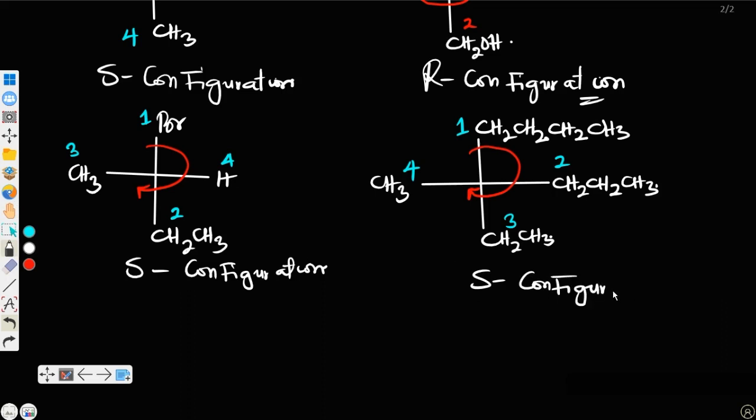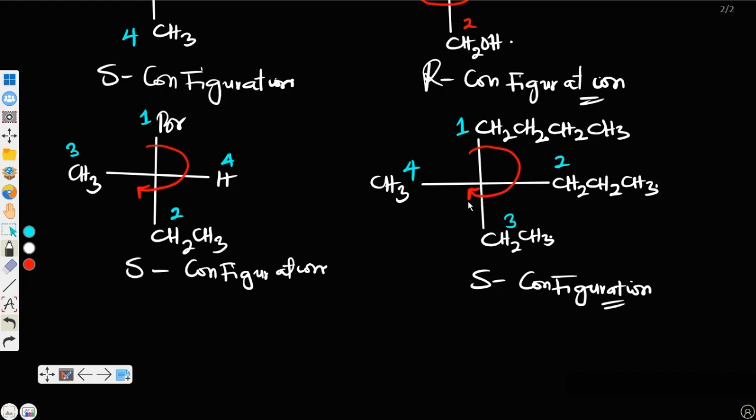So this also makes us understand that the lower priority group must not always be what? Hydrogen. It can be any compound there. But make sure that number 4 is not always on the horizontal line. All right.